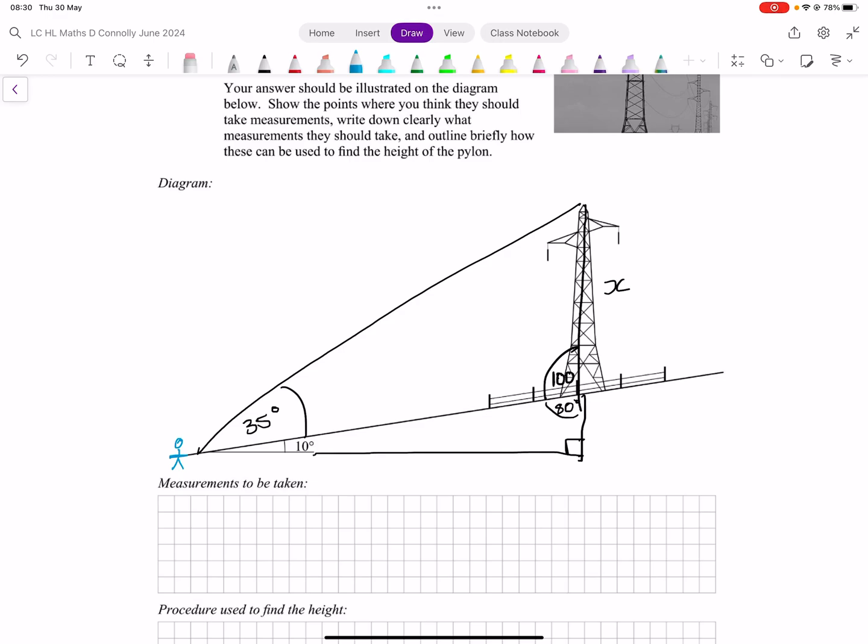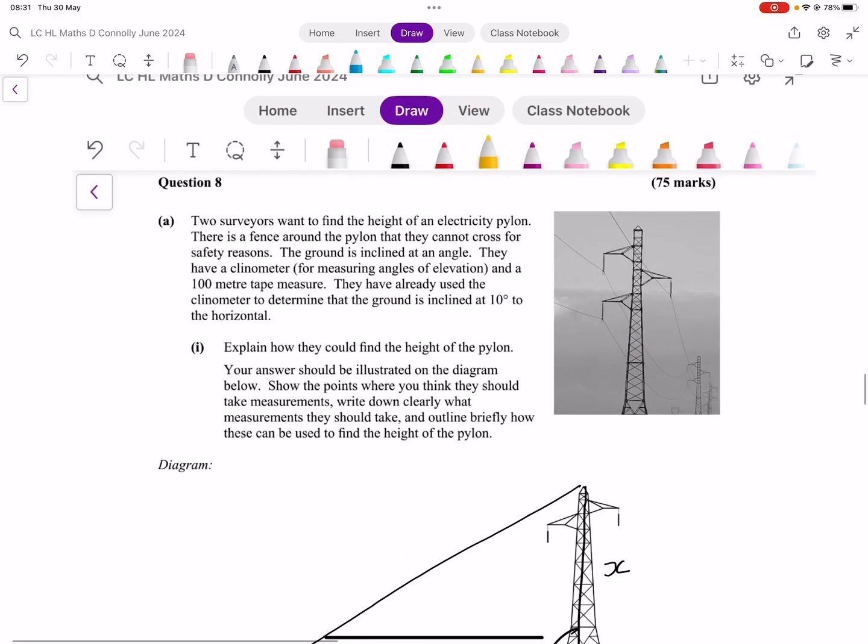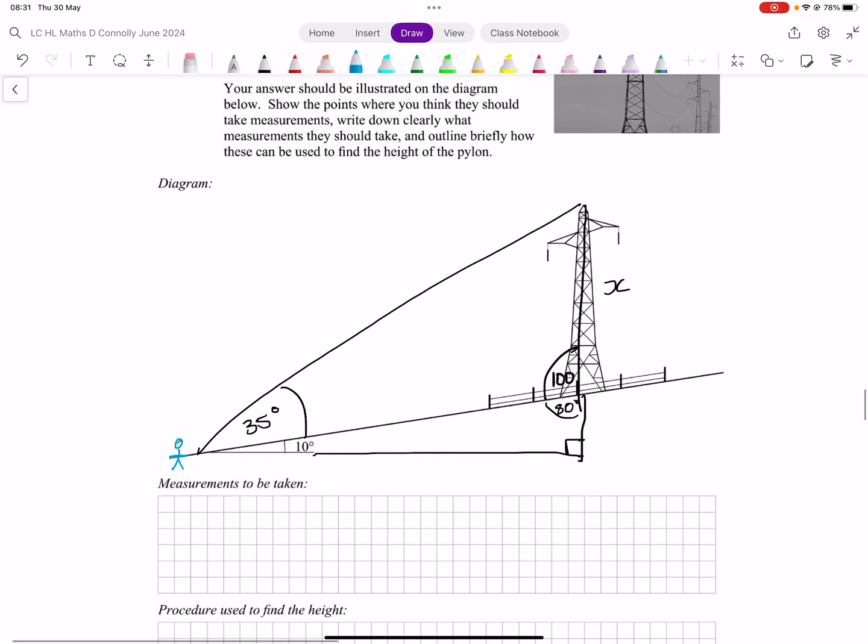A clinometer is like an upside down protractor with a weight hanging out of it, and you can use it to sight things and figure out the angle of elevation and the angle of depression. Again, it was going to be a big part of trigonometry and Project Maths, and it just hasn't really transpired. So that's what this person has done. They've sighted up the hill to the bottom of the tower pole thing. What is it? Pylon. And they figured out that the elevation of the hill is 10 degrees.